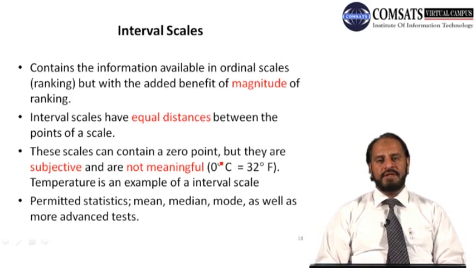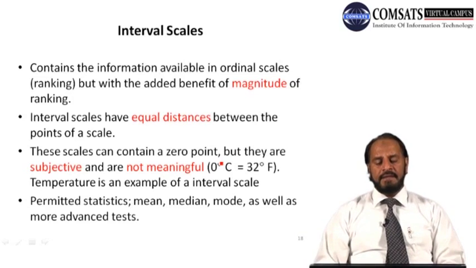Temperature is considered to be an interval scale, but the issue is it might have a 0 there, which is subjective, because if you compare the centigrade scale with the Fahrenheit scale, the 0 degree is subjective.